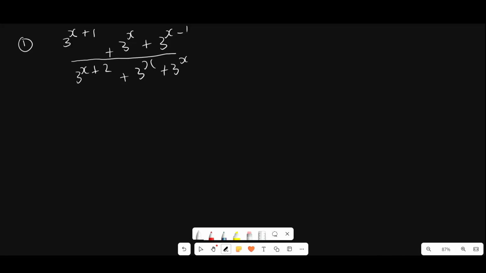Now let's jump into it. Let's look at some examples here. Okay, let's say you have 3x plus 1, 3x plus 1 plus 3x, and then plus 3x minus 1, all divided by 3x plus 2 plus 3x plus 3x plus 1.